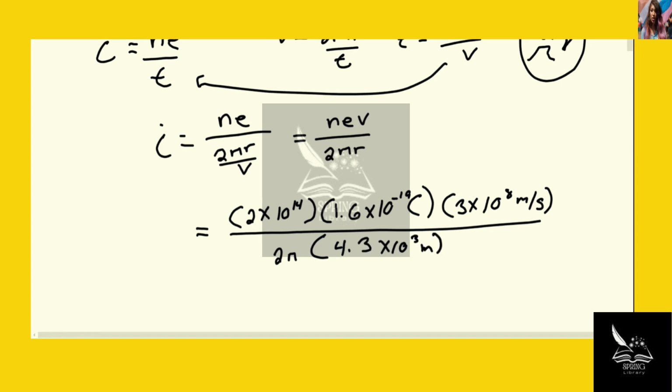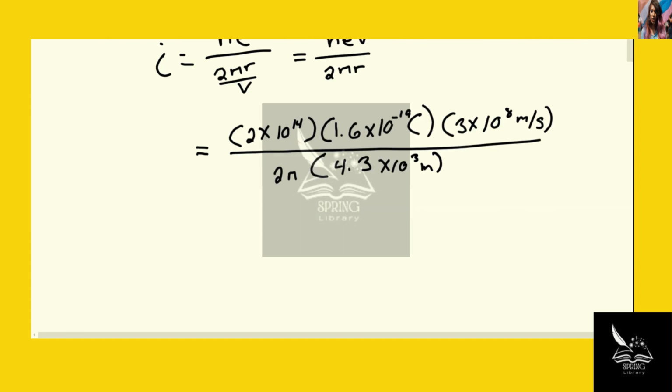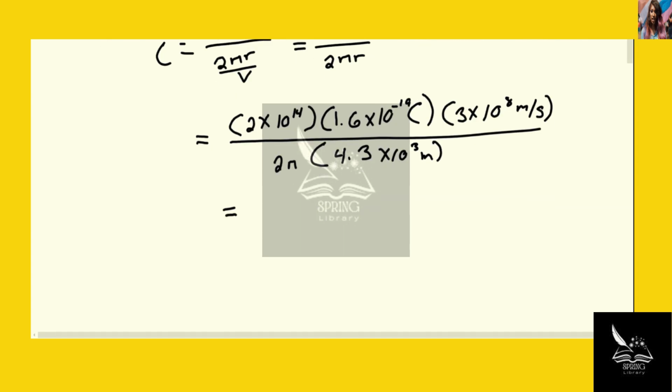Okay, and if you plug this into your calculator, we're going to get 0.36, and it's going to be amps. Okay, and you have coulombs over seconds, that's going to be your amps, okay?